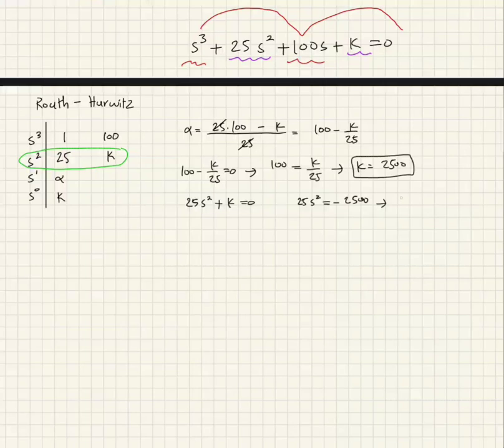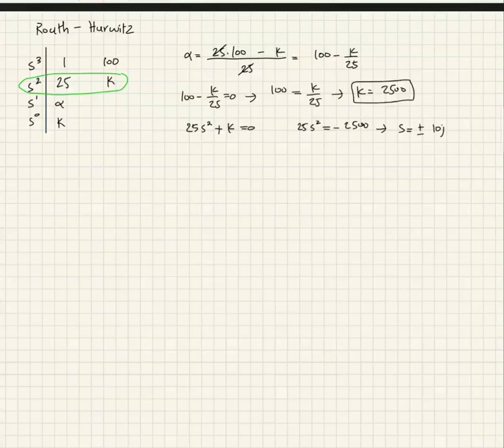That divided by that gives me an s value of plus minus 9.99j. Apologies, it's just 10. So now we know that the root locus crosses the imaginary axis at plus minus 10j.